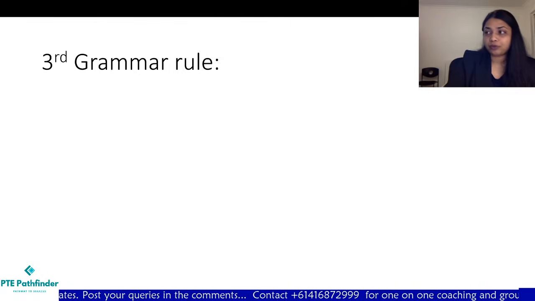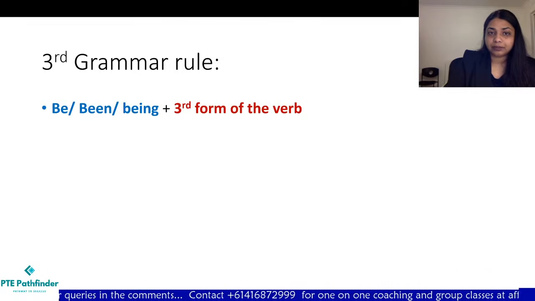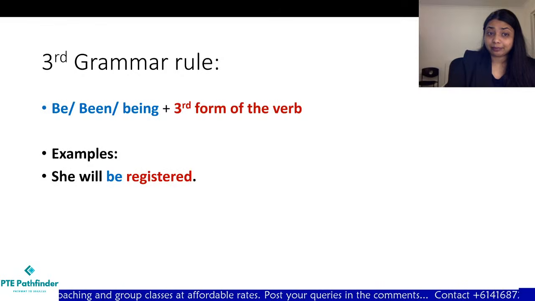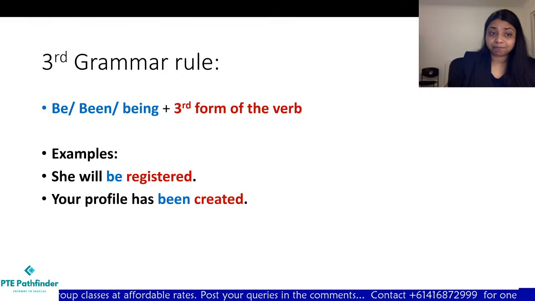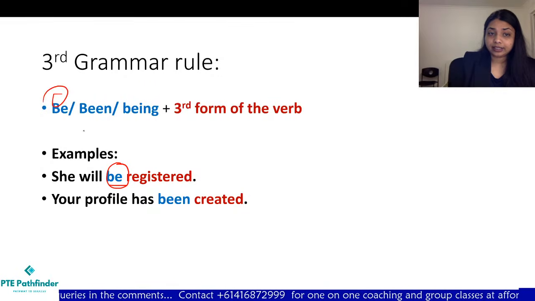Now, the third grammar rule. It's about the verbs like be, been, or being. They are also followed by the third form of the verb. Let's have some examples here. She will be registered. So, be, right?